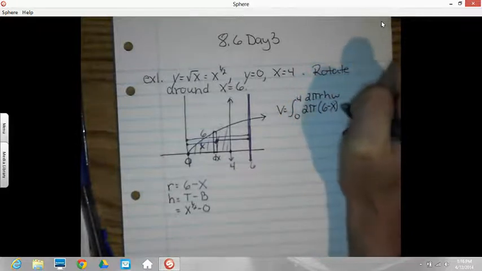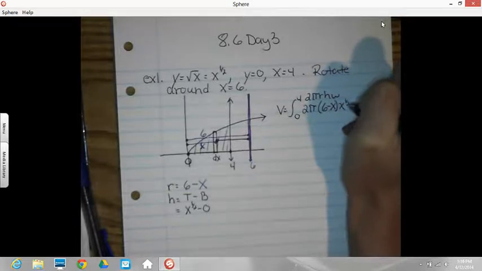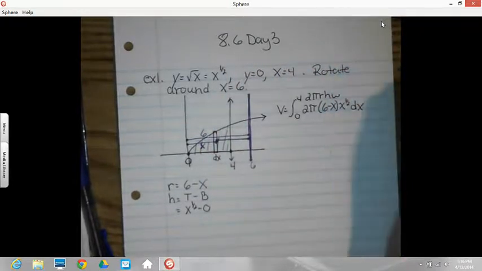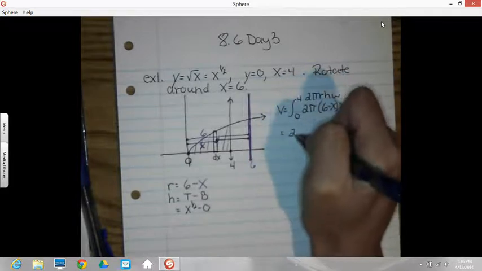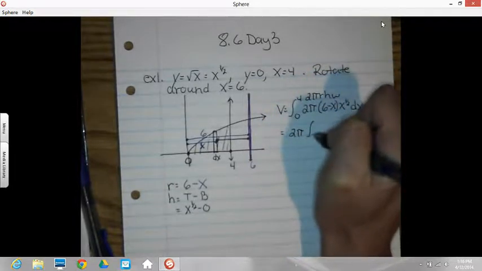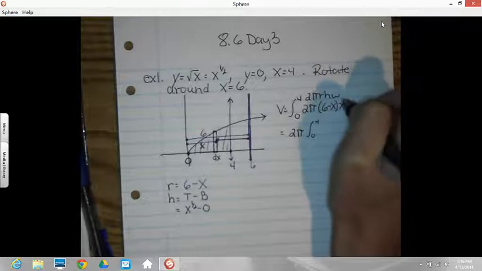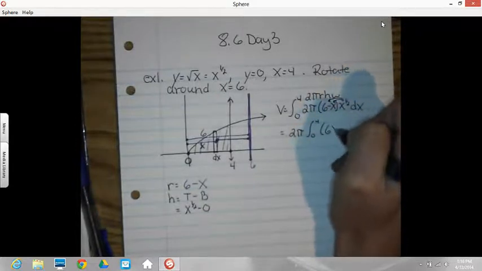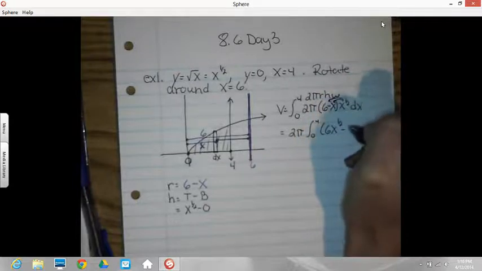Height is just the x to the 1/2, and width is the dx. So pull the 2 pi out. Before I integrate, I'm going to distribute the x to the 1/2. So that will give me 6x to the 1/2 minus x to the 3/2.